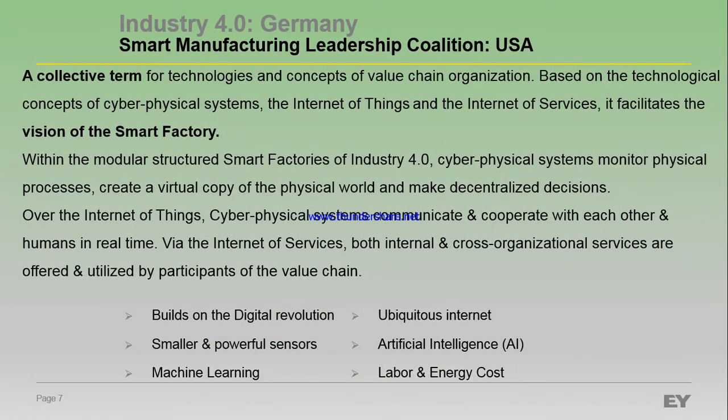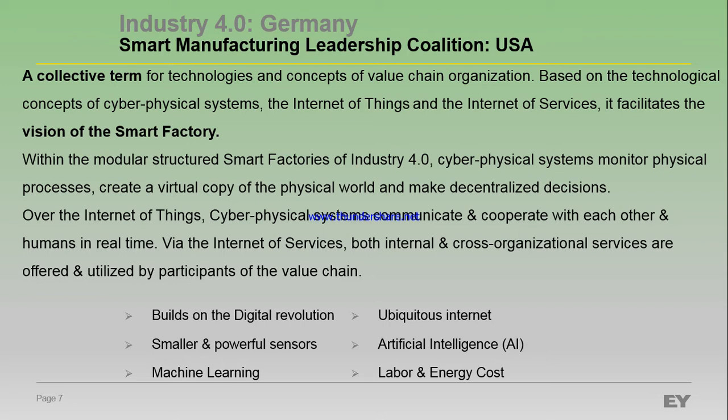When we discuss Industry 4.0, the basic introductory part comes from the USA, Germany, and Japan. These are the countries where high level production takes place.